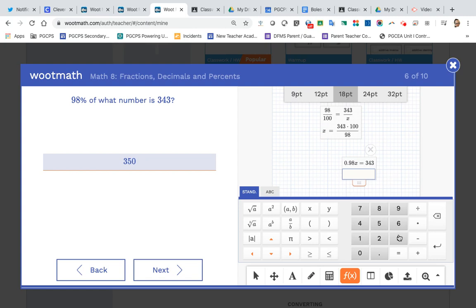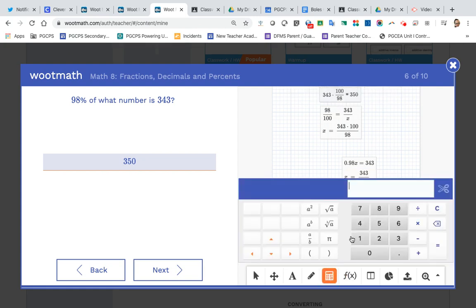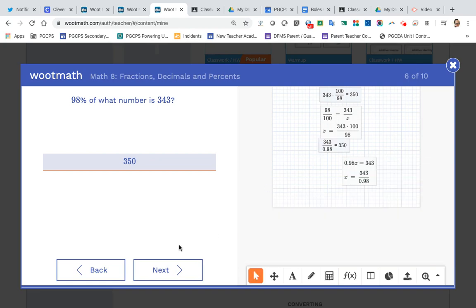Then I do the division property of equality where I divide by 0.98 on both sides to get x is equal to 343 over 0.98. Then I'll go to the calculator and put 343 divided by 0.98, and I get 350 either way.